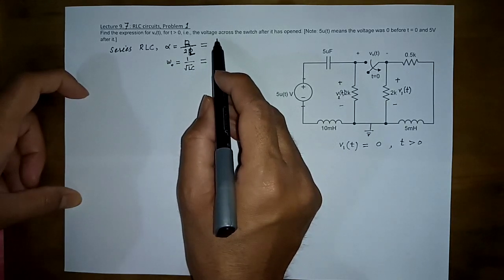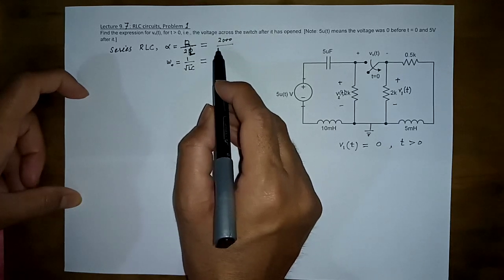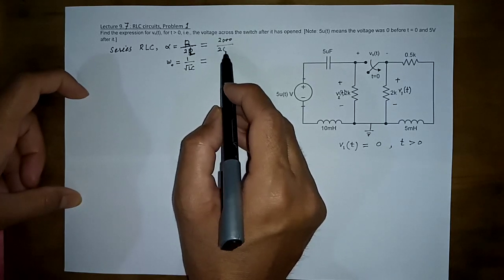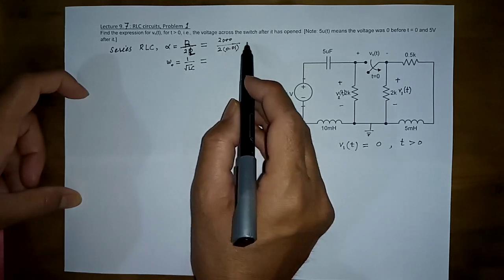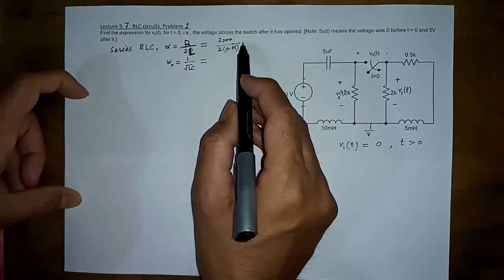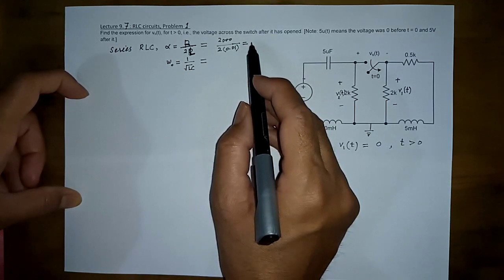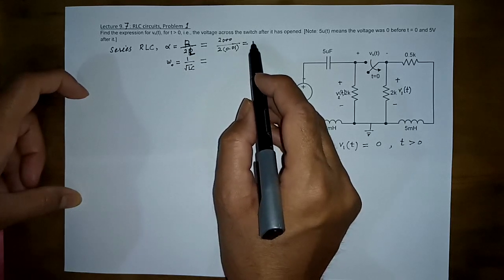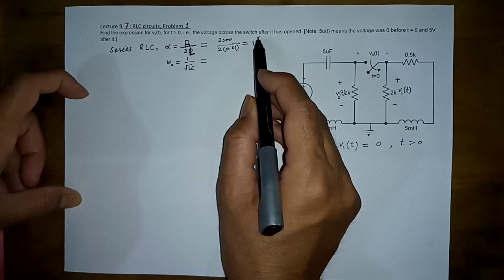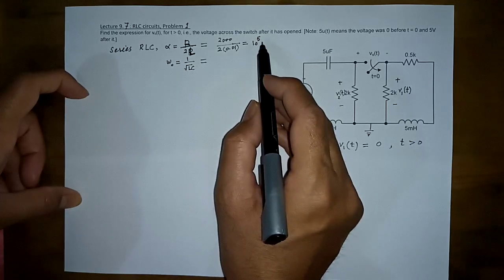So here R is 2000 and 2 into 10 millihenry. So we have 2000, 1000 divided by 0.01, which means 10 raised to the power 5. So alpha is 10 raised to the power 5 Nepers per second.